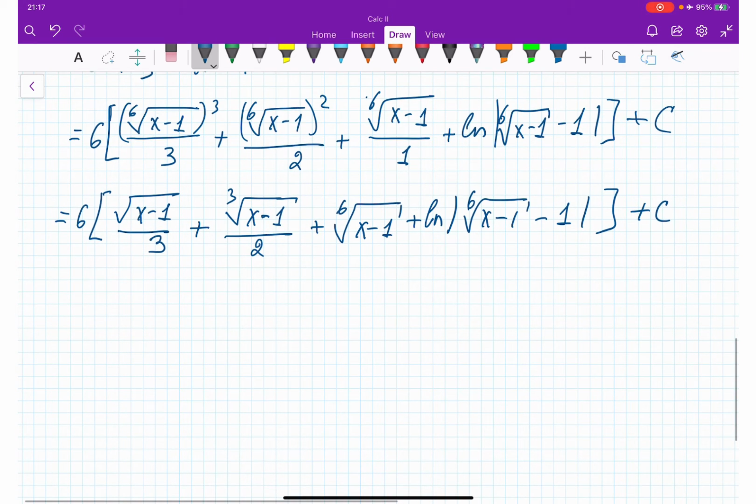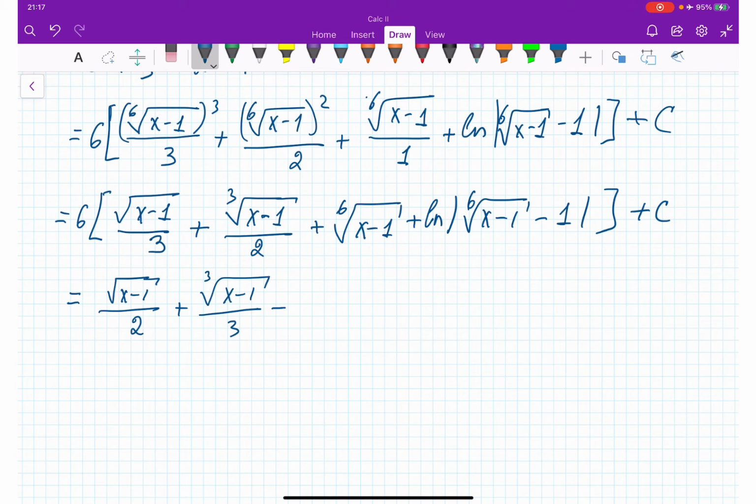So let's distribute this 6, and we will get square root of x minus 1 over 2 plus cubic radical of x minus 1 over 3 plus 6 cubic radical of x minus 1 plus 6 natural log of radical degree 6 of x minus 1 minus 1, and plus c.